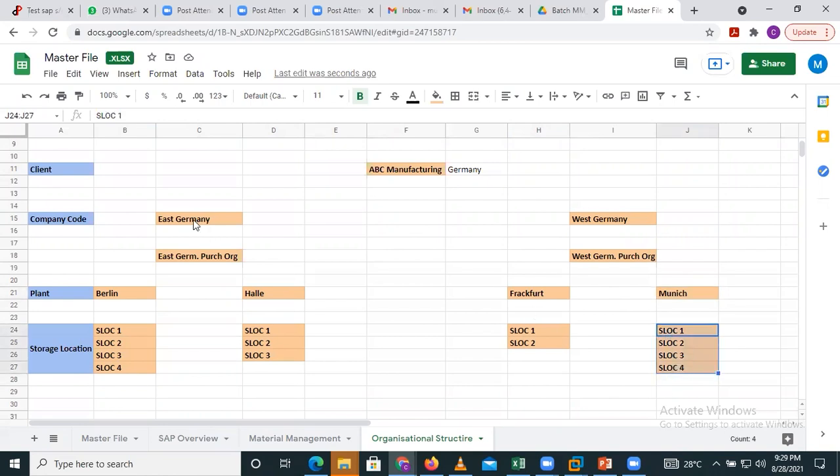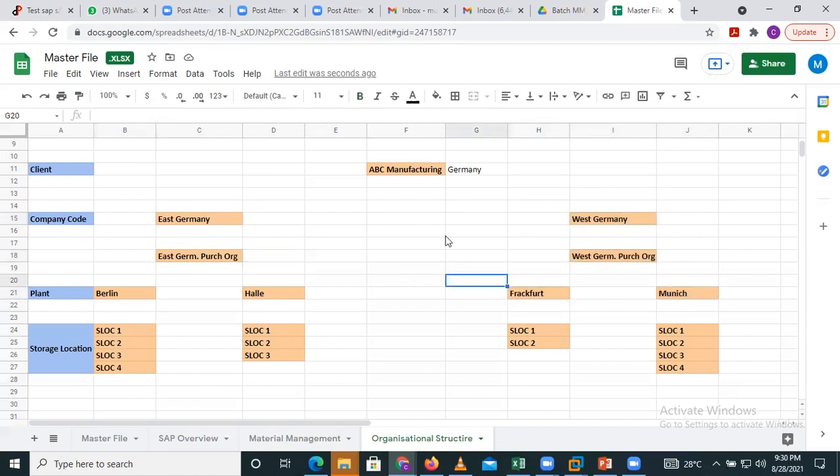Okay. Now, the Berlin plant and Halle plant, which are from the East Germany company code, have a purchasing department, the East Germany purchasing organization, responsible for all the purchasing activities. The Frankfurt plant and Munich plant, which belong to the West Germany company code, have the West Germany purchasing organization, which is responsible for all the purchasing activities for the Frankfurt and Munich plants. Clear?